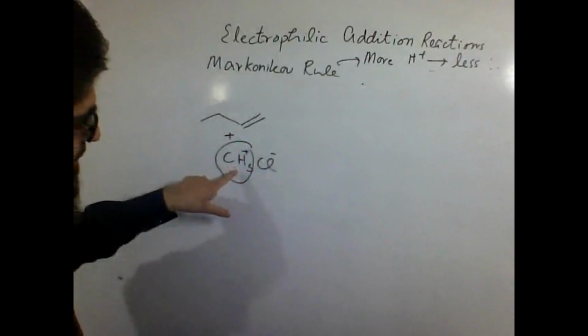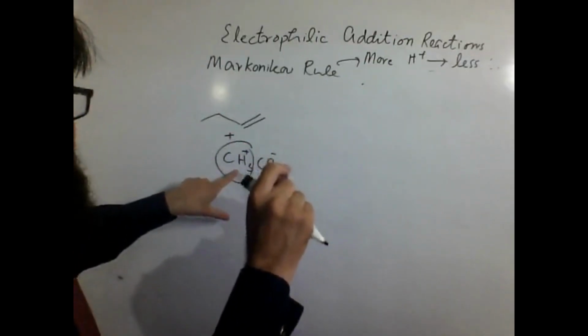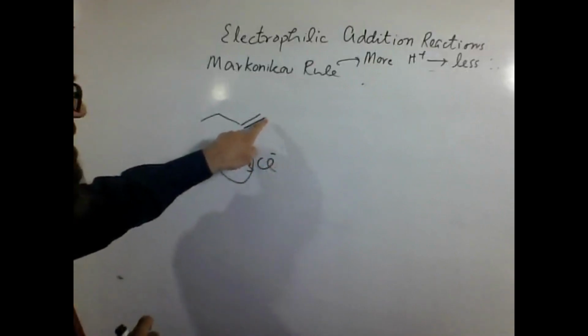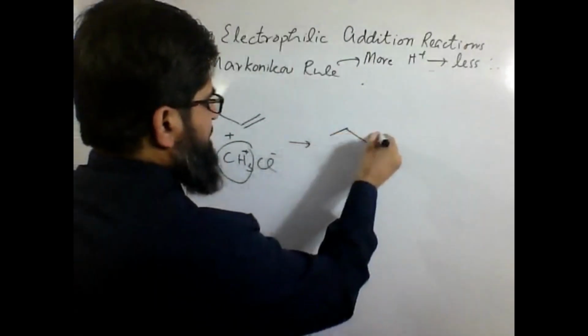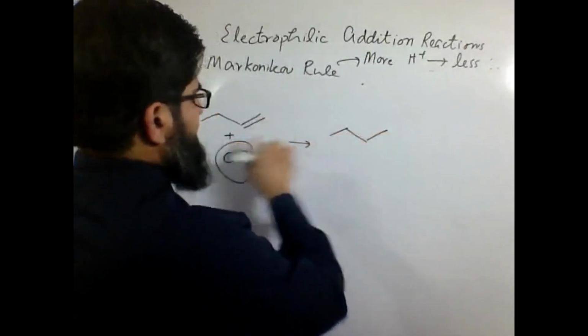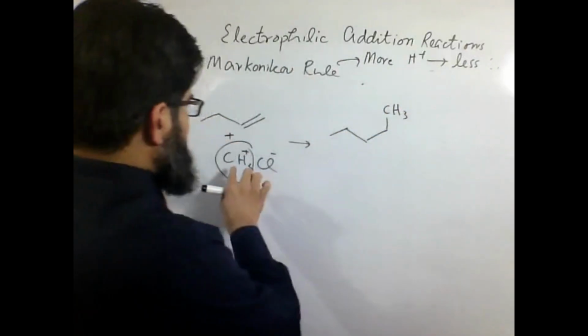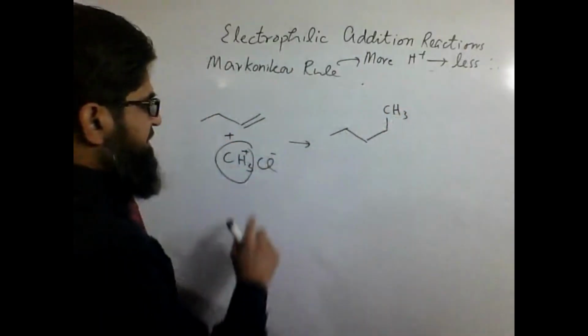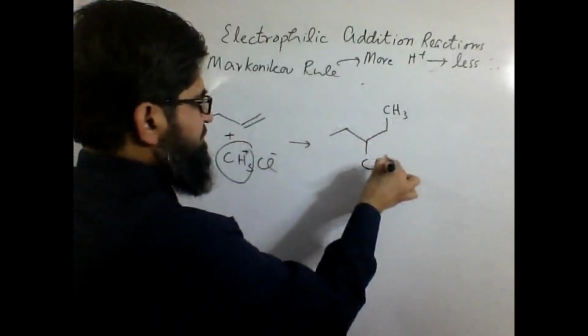So it will attack at carbon which carries more number of protons. Over here it carries 2 protons, it carries 1 proton. So what is going to happen? We will eliminate the double bond. Here is the CH3 which has come from outside as an electrophile, and the chloride will go on the carbon number 2. So this will be the product.